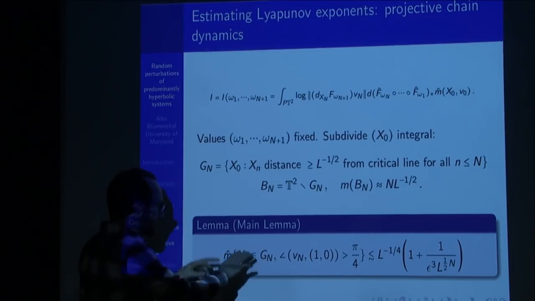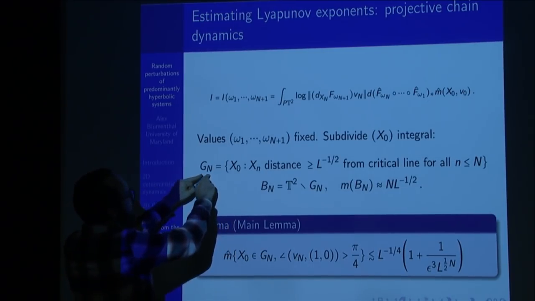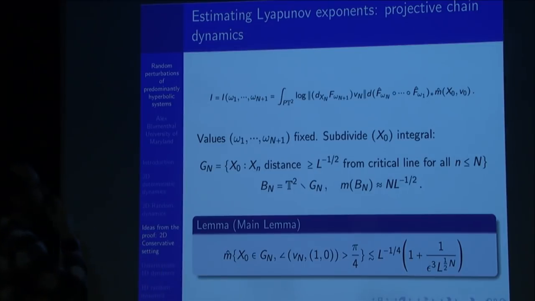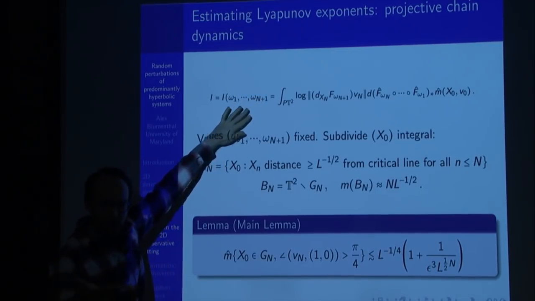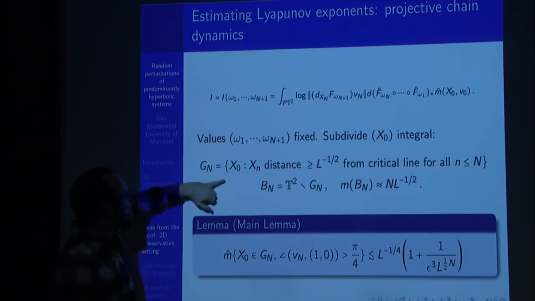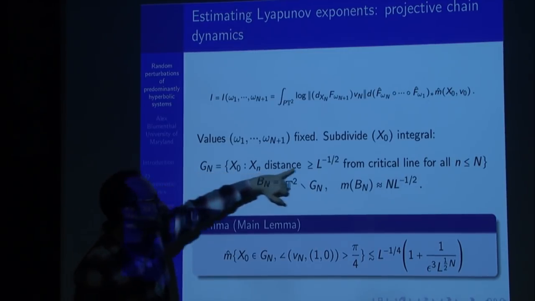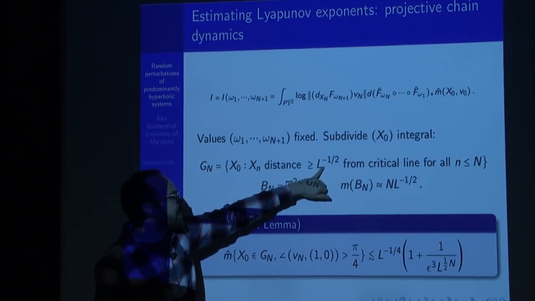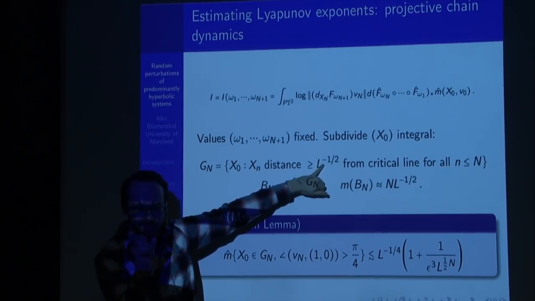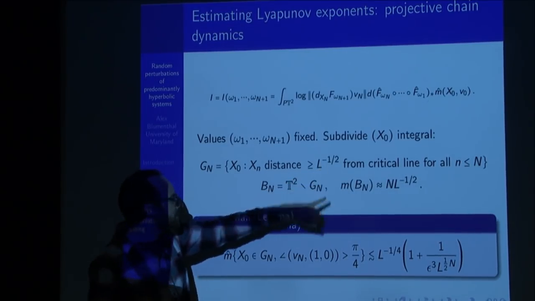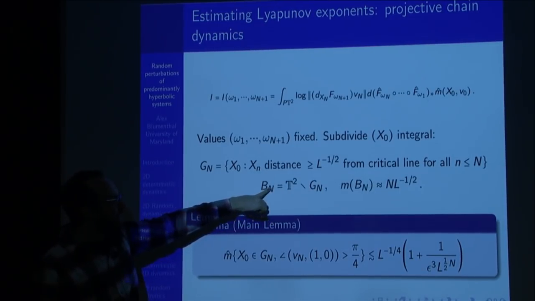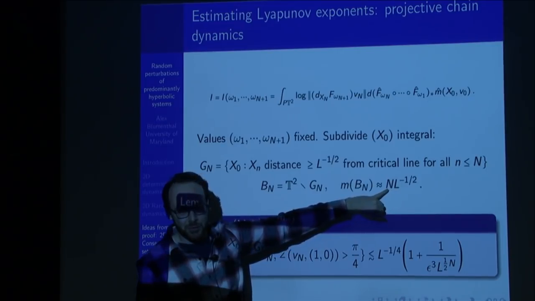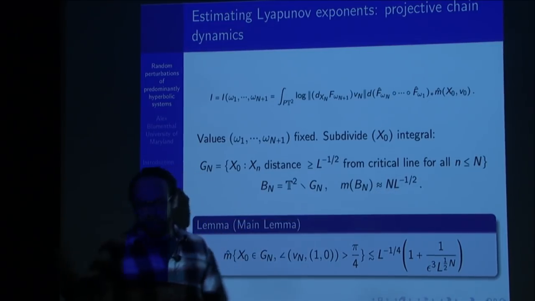Then, okay, think of it like this. All right, so with omega 1 up to omega n plus 1 fixed, Lebesgue measure is invariant, right? So the set of points that avoid the critical line, if you think of the critical line as being fattened by a neighborhood of 1 over root L, then the set of points that ever even see the critical set is less than or equal to n over root L for any n, right?